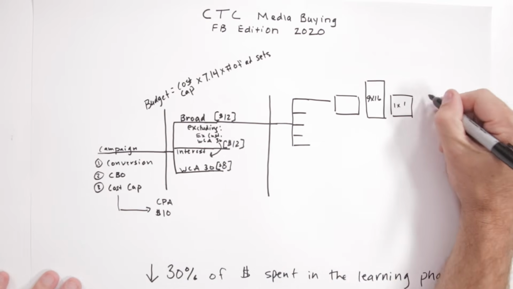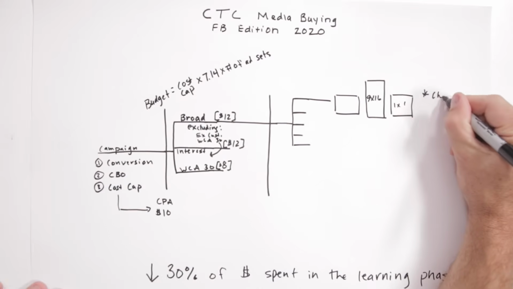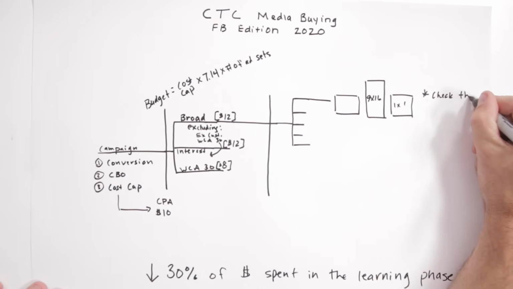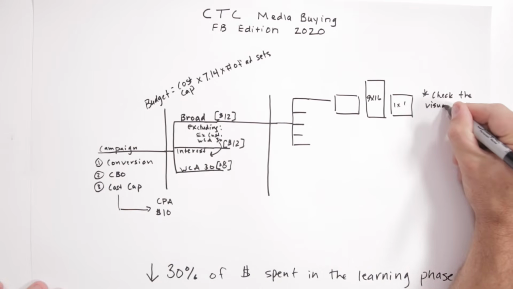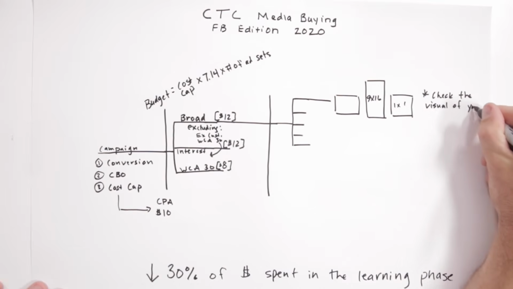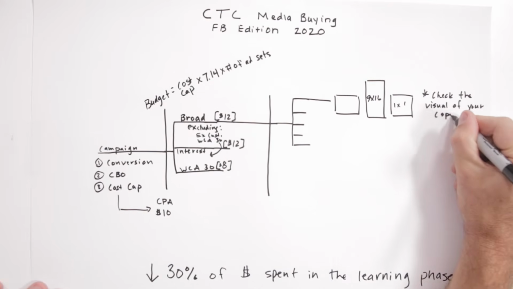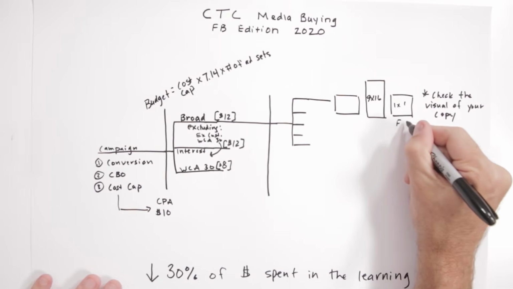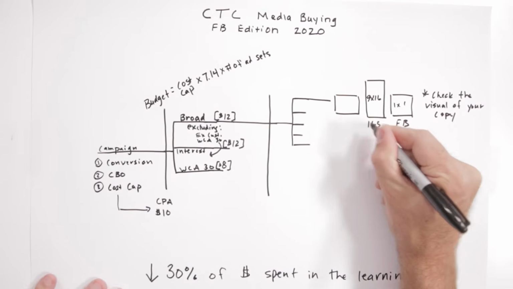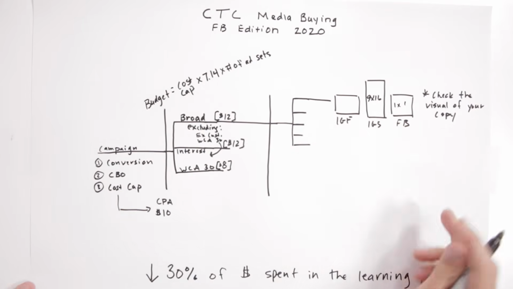And then the other thing that's really important, and I'll make a note here, is check the visual of your copy in each placement. Because if this is Facebook, this is IG stories, and this is IG feed, right?